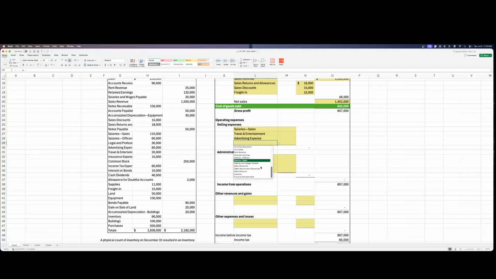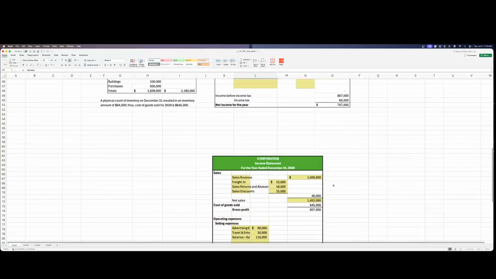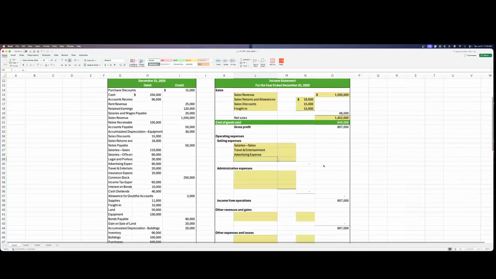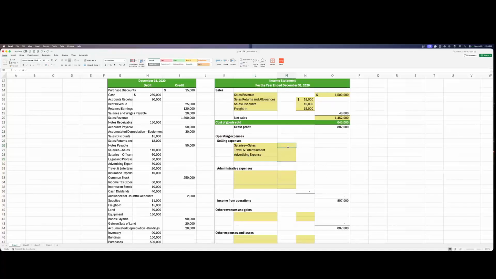I would say maybe inventory, but probably not. So sales salaries, then travel and entertainment, 3,000. Advertising expense, 8,000.